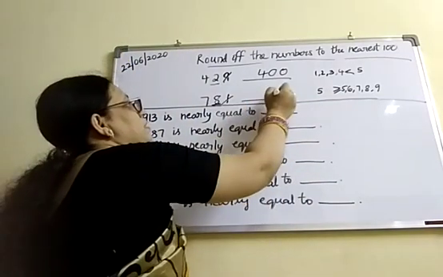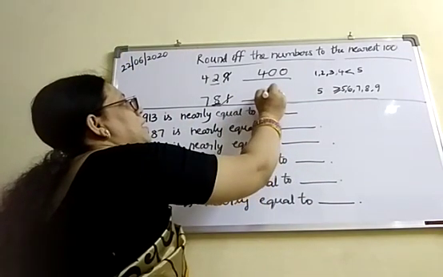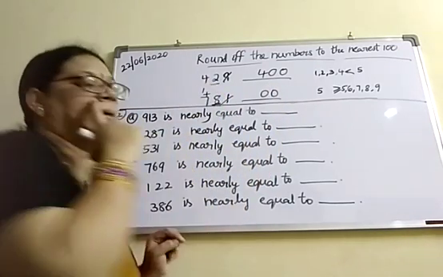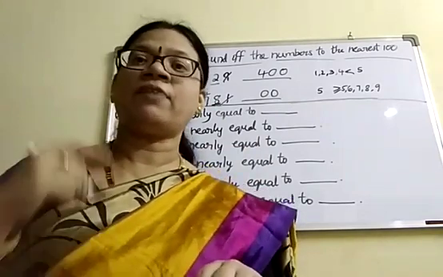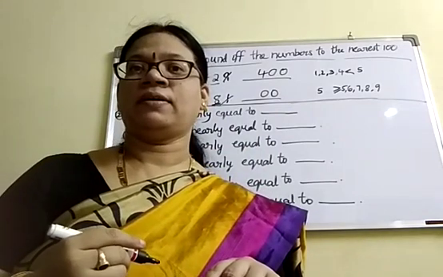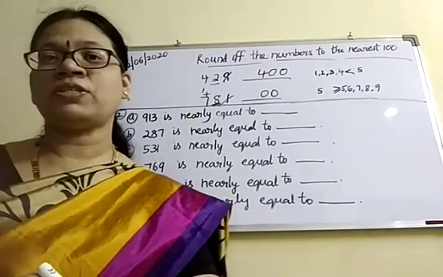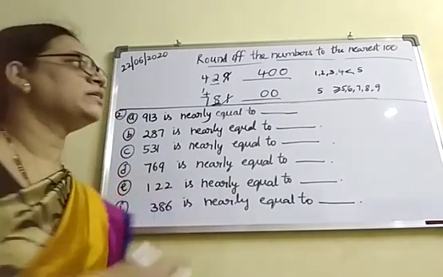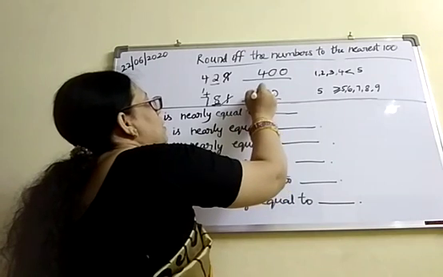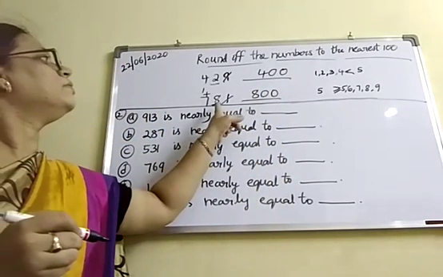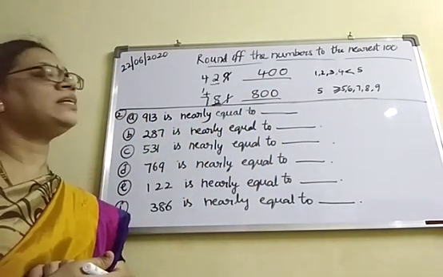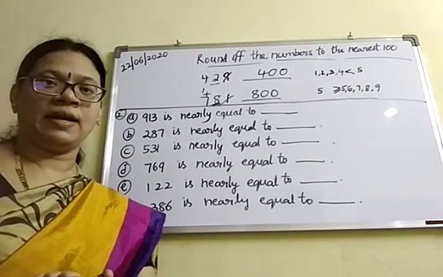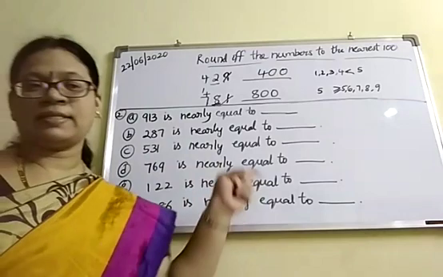We'll replace the ones place by 0 and the tens place by 0, and we'll add one number to the hundreds place. It means 100. So 7 plus 1 how much? 8. So what is the rounding of 781 to the nearest hundreds? 800.